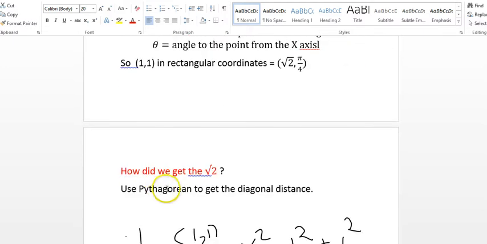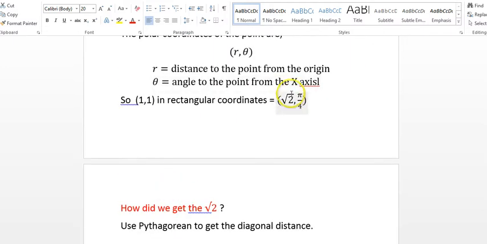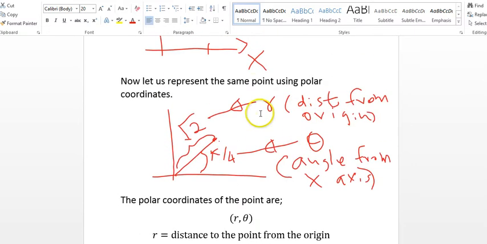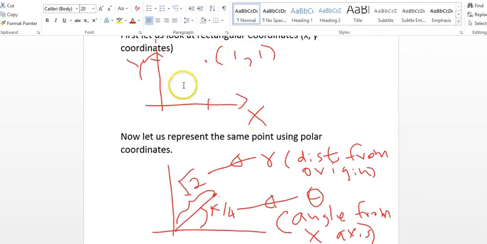Now let's see how we got these numbers. How did we get the first polar coordinate, the square root 2? If you go back to our figure, you will see that here is our point. Now we want this number. Because this point is (1, 1), this y height is 1, and so is the x height. So we have 1 here and 1 here.